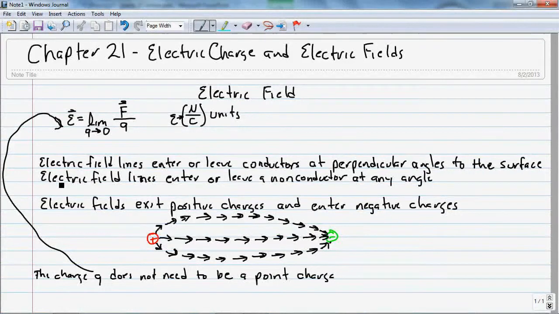It's saying basically whatever charge you put there is going to have the same effect from the field lines. It's just going to be a larger charge or a larger magnitude. And this is only valid in static conditions.